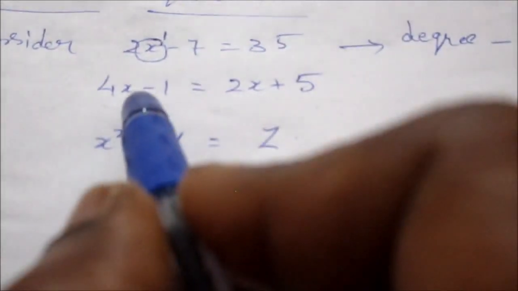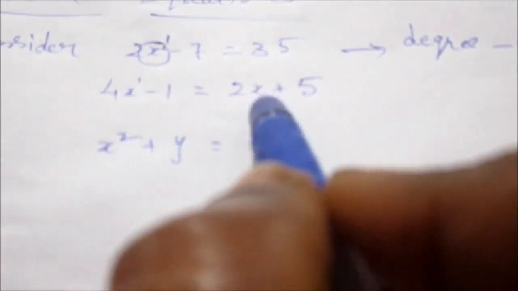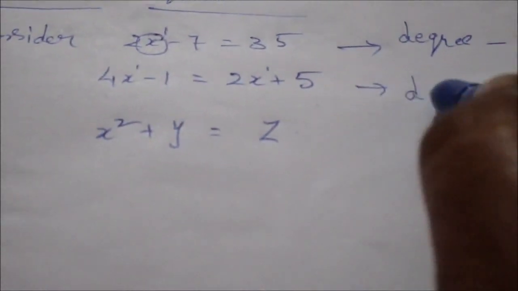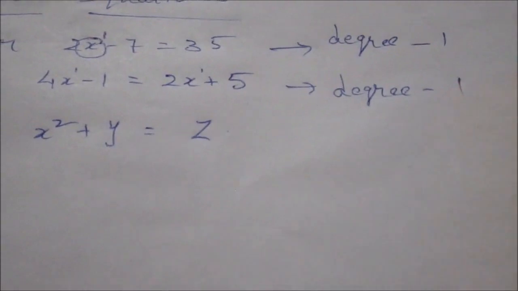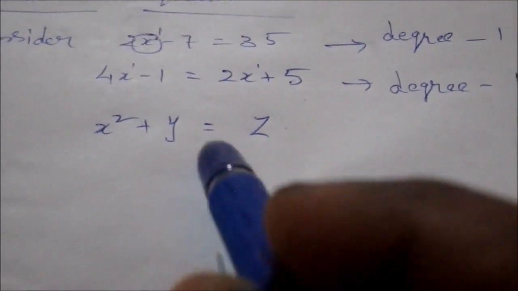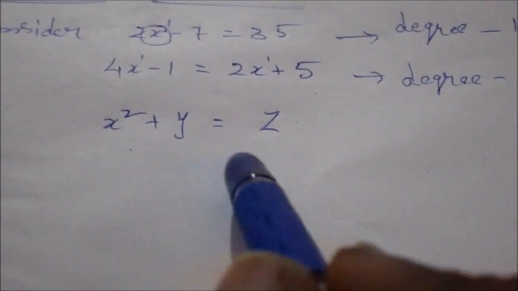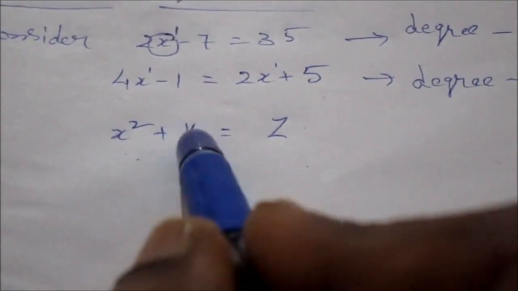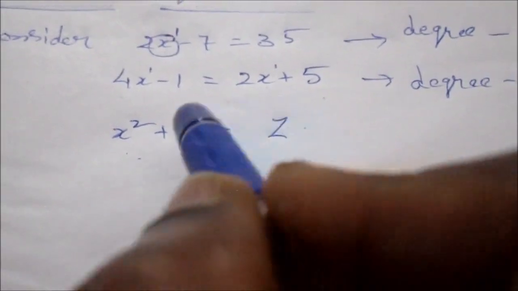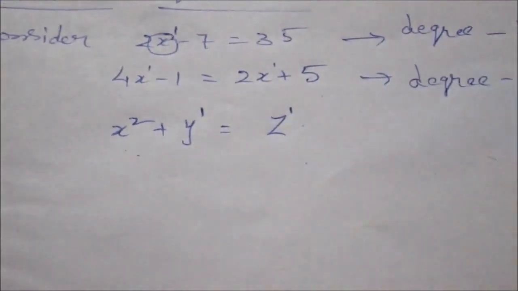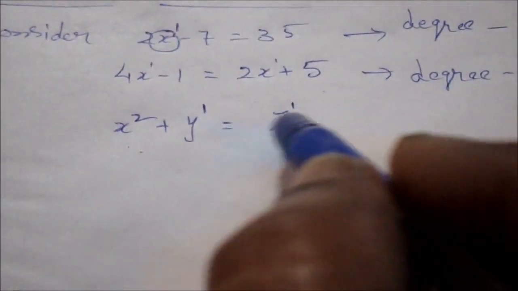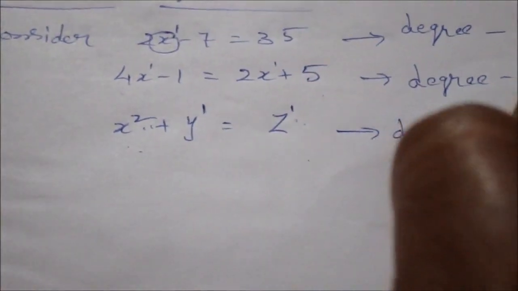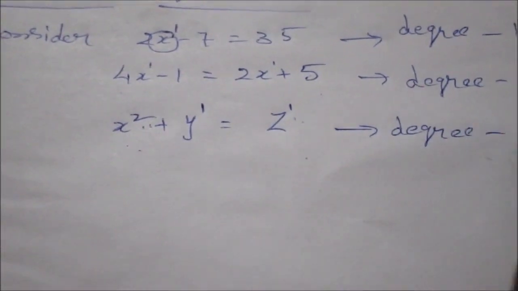Here also the exponent of x is 1 and here also the exponent of x is 1. So the degree of the equation is 1 here also. Then consider this equation, x square plus y equal to z. Here the exponent of x is 2, the exponents of y and z are 1, 1. So 1, 1, 2. 2 is the bigger value. So the degree of this equation is 2.